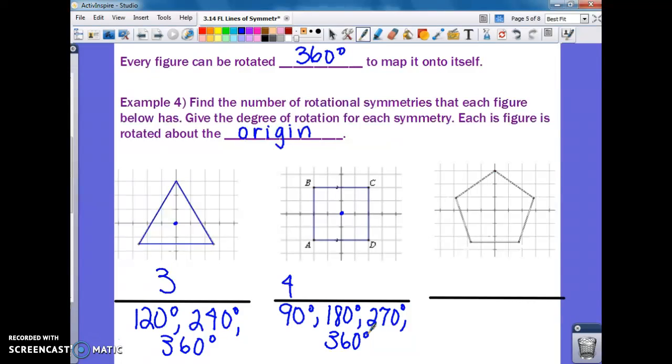And last but not least, we have a pentagon. 5 times, because we had 5 lines of symmetry. This one had 4 lines of symmetry.